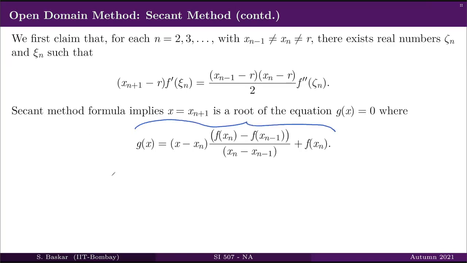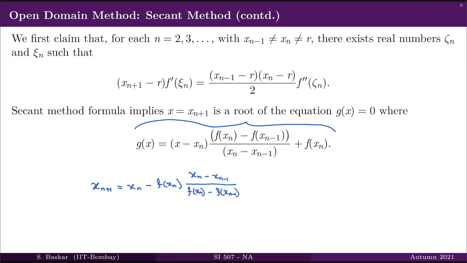This is not very difficult to show because if you recall, the secant method formula is given by x_{n+1} is equal to x_n minus f(x_n) into (x_n minus x_{n-1}) divided by f(x_n) minus f(x_{n-1}), right?